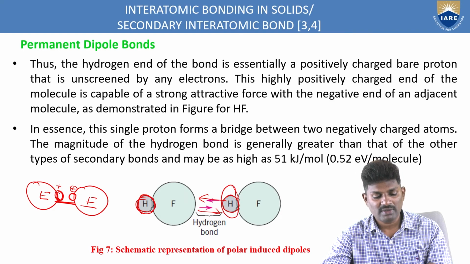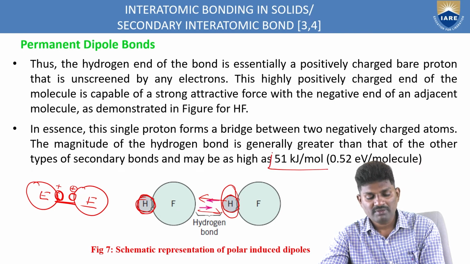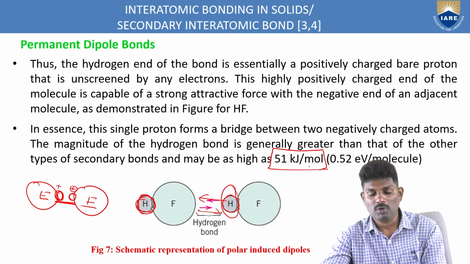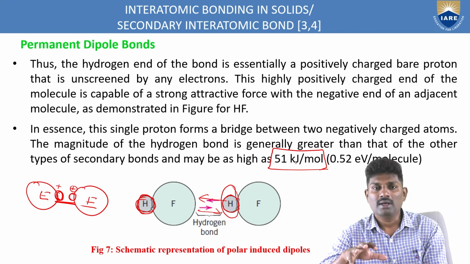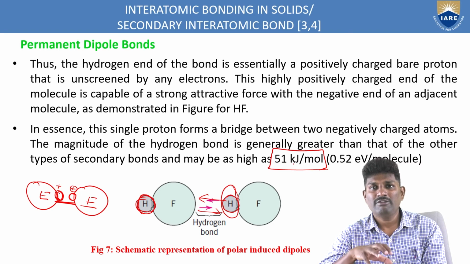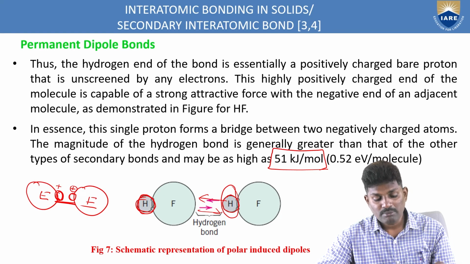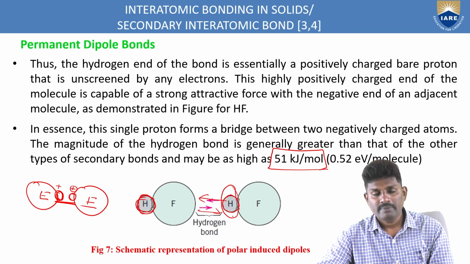This is a very high energy when you compare with any other type of secondary bonding. We are getting almost 51 kilojoules per mole. So this is a good bonding energy if the hydrogen atom is involved in the secondary type of molecule. So this is the importance of the hydrogen, where the bonding energy can exist.